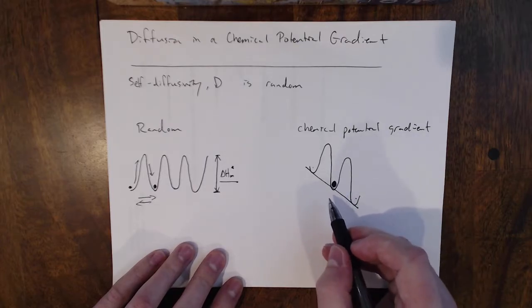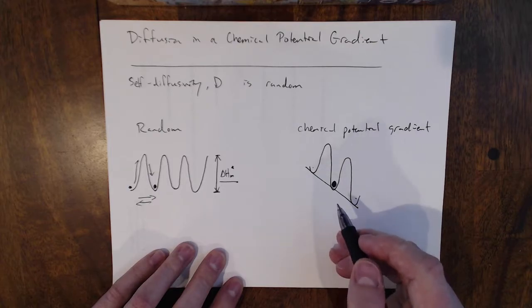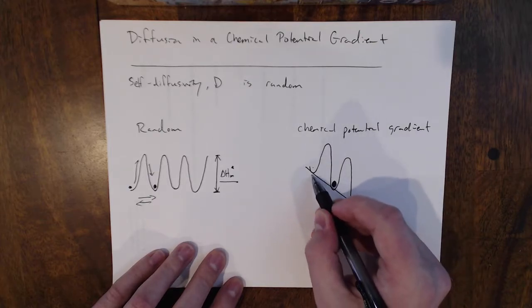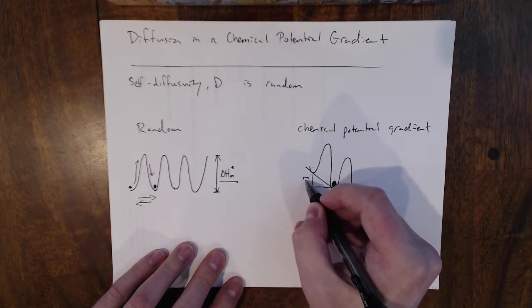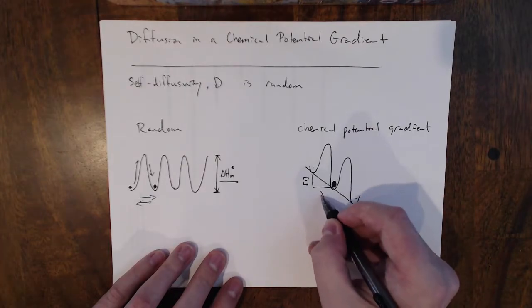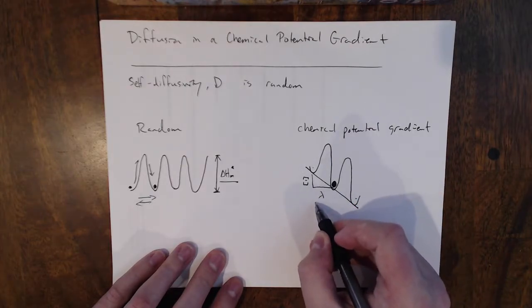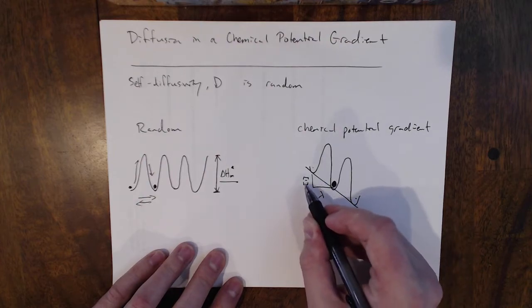So this slope is the imposed chemical potential gradient, and we're going to talk about this in the next slide. This is the distance, lambda, from one site to the next, and this is the difference in energy.